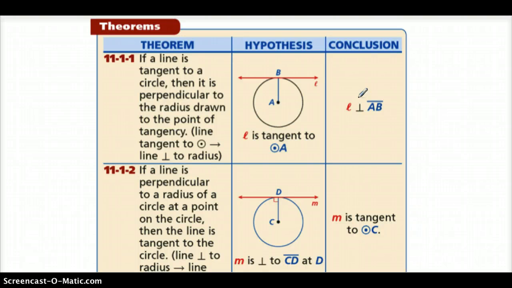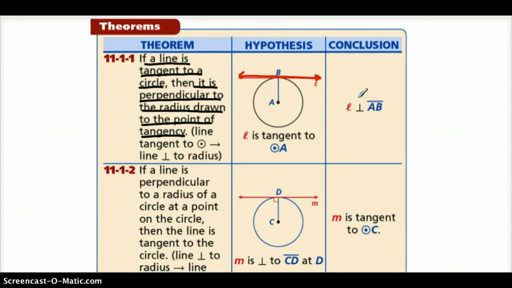But this says, maybe underline the hypothesis here and circle the conclusion. Okay, it says, if a line is tangent to a circle, then it is perpendicular to the radius drawn to the point of tangency. Okay, so again, this line L, it's tangent to the circle. Okay, I'm just going to kind of highlight this in red, right?